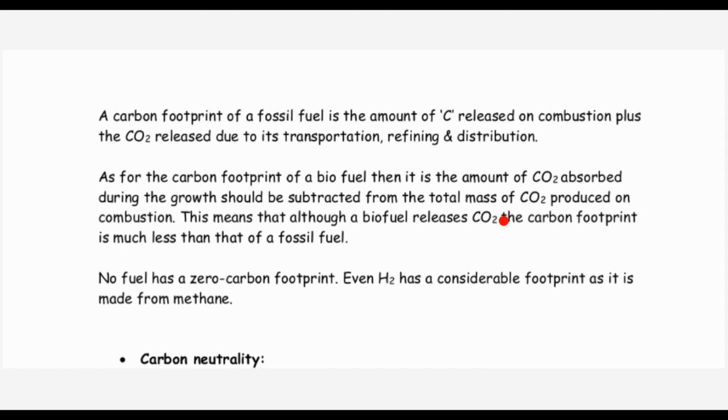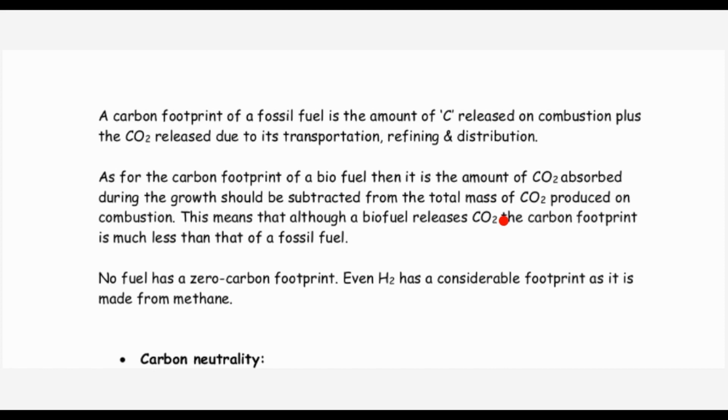We have to count the carbon released due to the transportation of the fuel, the refining process, the reformation process, and during distribution. When you calculate the carbon footprint, in the extraction process there is carbon dioxide released, and then in the distribution process, because these are carried by vehicles.